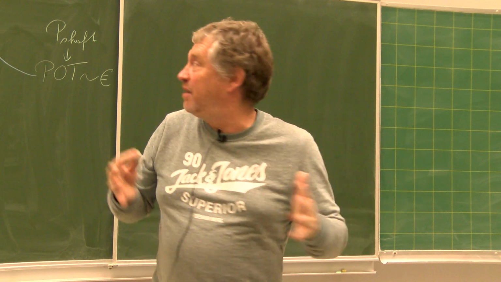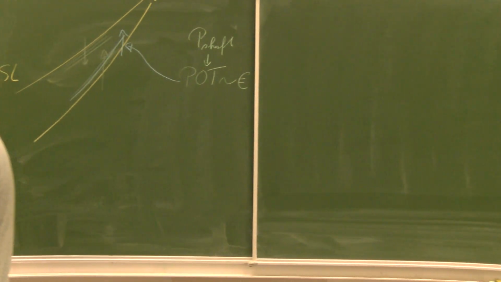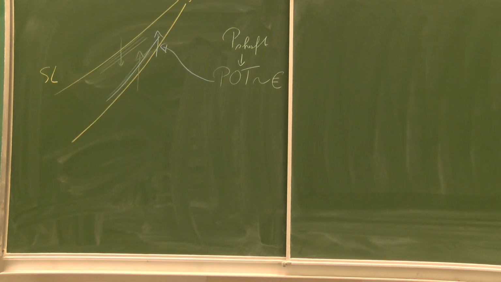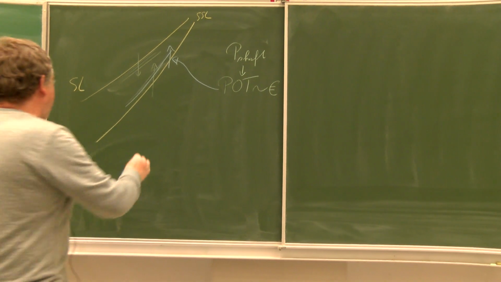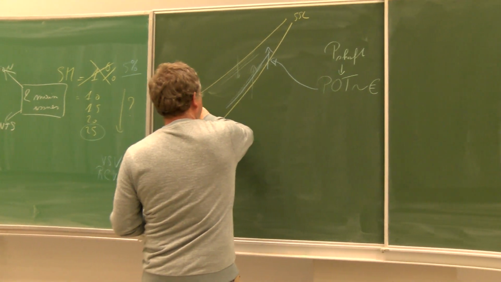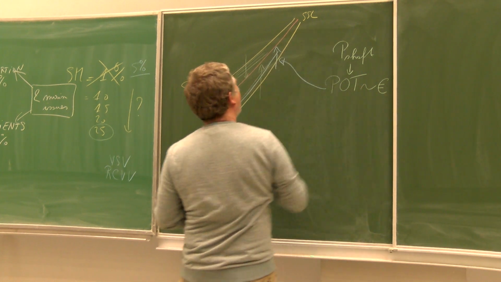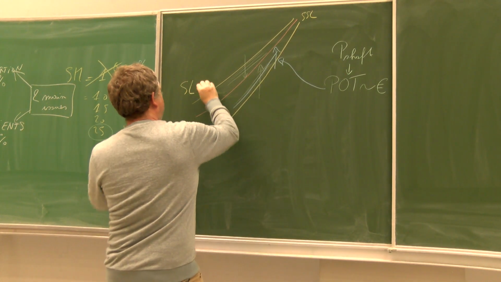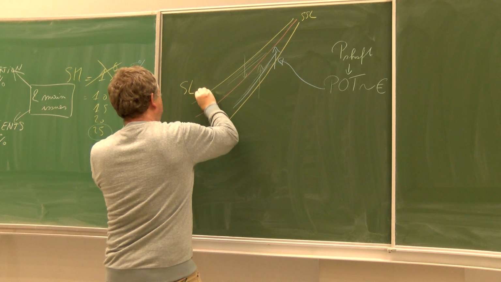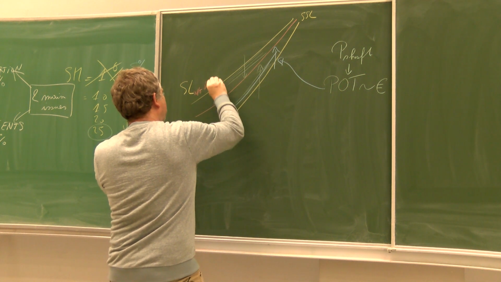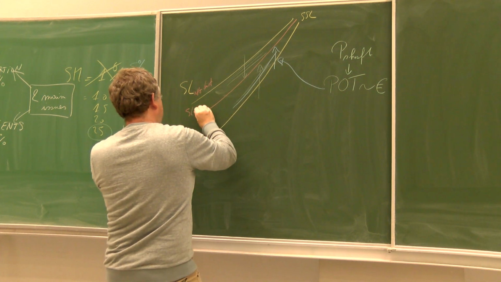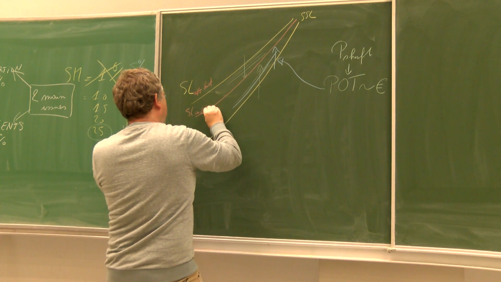What is the effect on the surge line? I tell you, the surge line can move seriously down, going here. So this is the surge line without distortion, and this is the surge line with distortion.